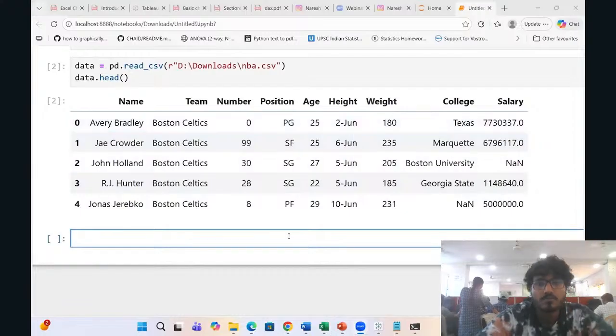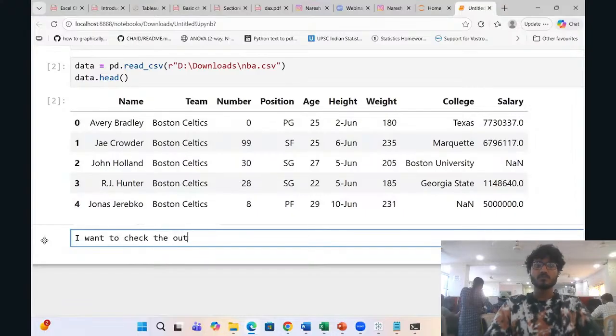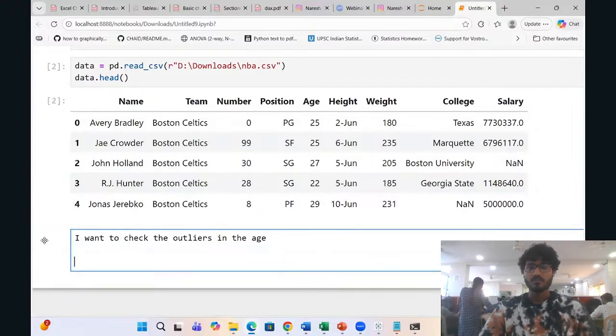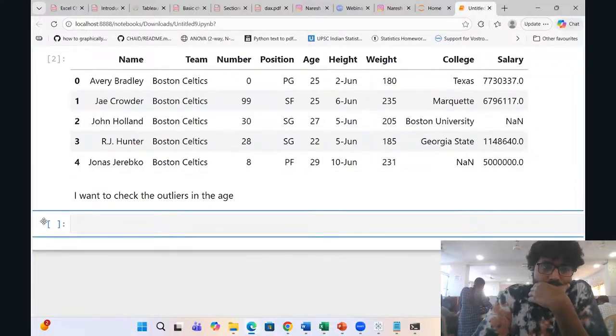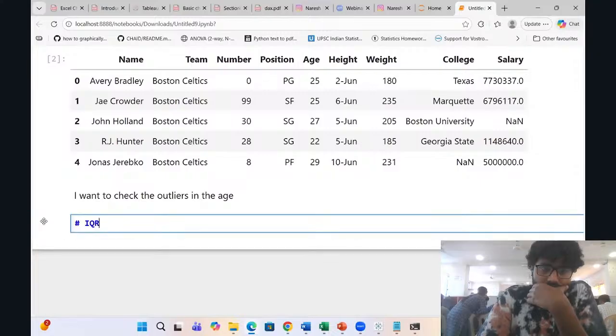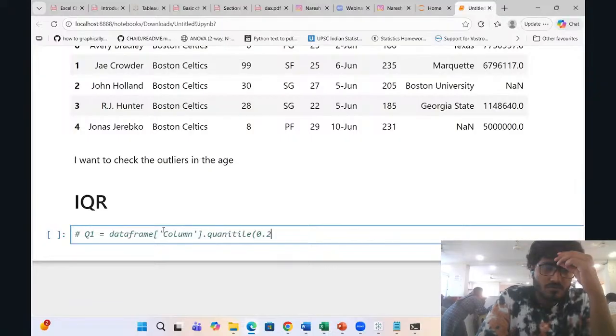Here, I want to check the outliers in the age. So we are going to use IQR. To do the IQR, what do we need? We need to calculate Q1. What is the formula? Q1 is equal to the data frame, column name, dot quantile of 0.25.